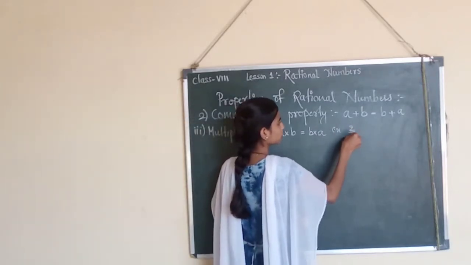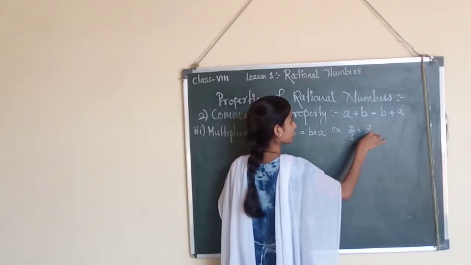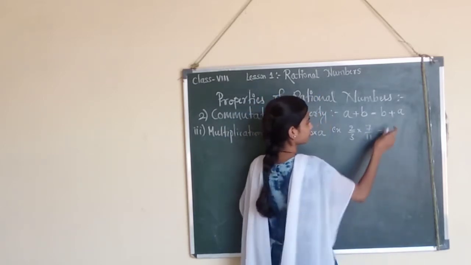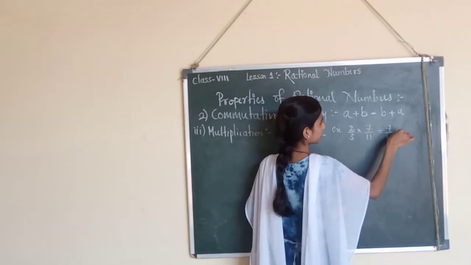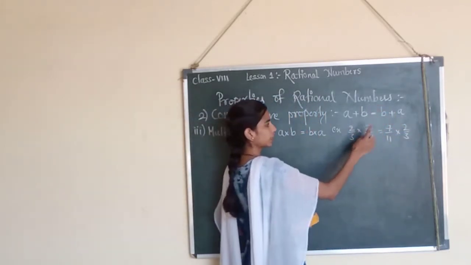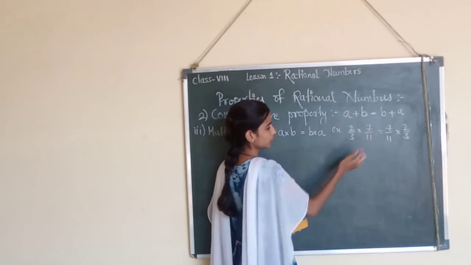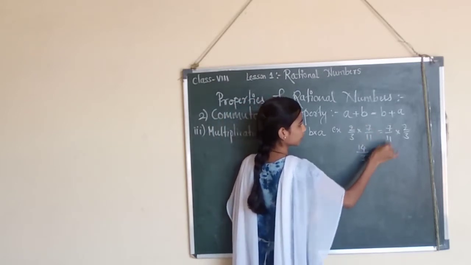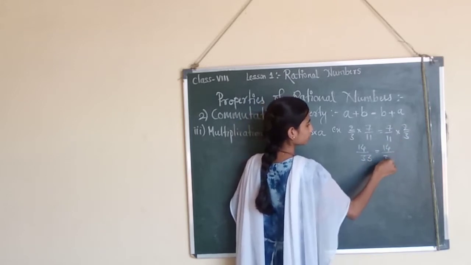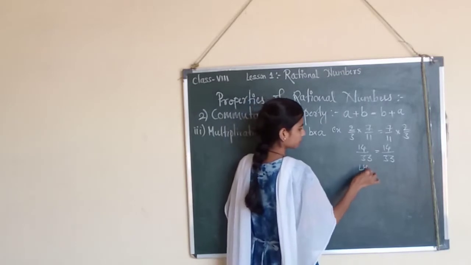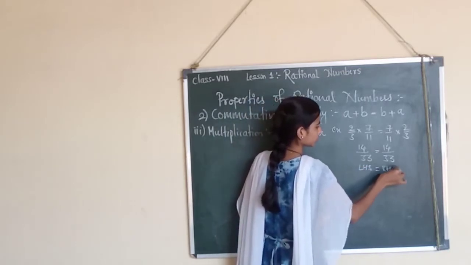Example: 2 by 3 into 7 by 11 is equal to, when we swap, 7 by 11 into 2 by 3. What about LHS? Directly multiply numerators and denominators: 2 7s are 14 by 33, and here 7 2s are 14 by 33. So LHS is equal to RHS.